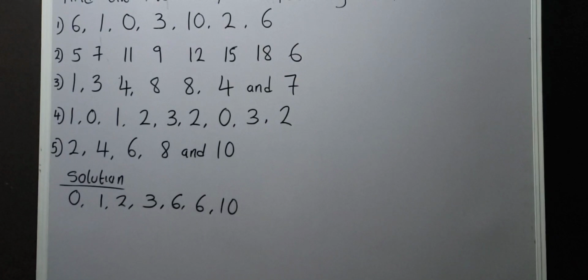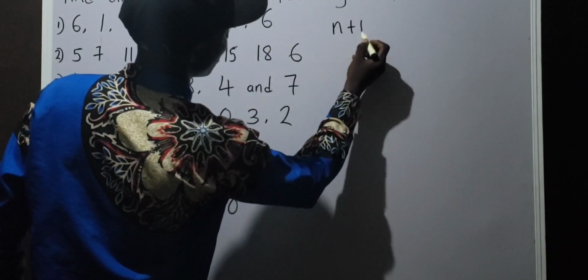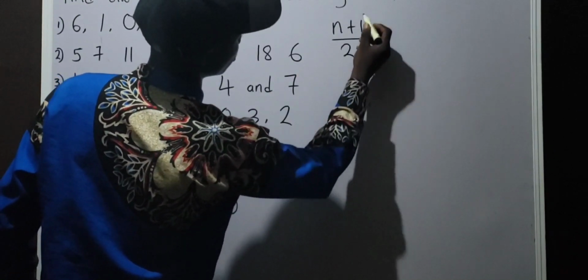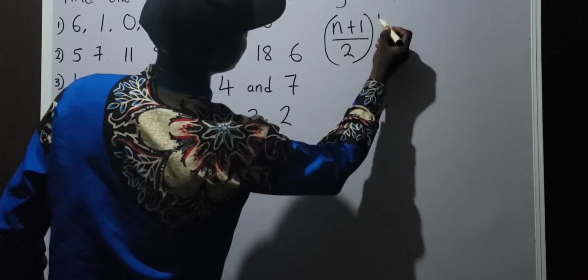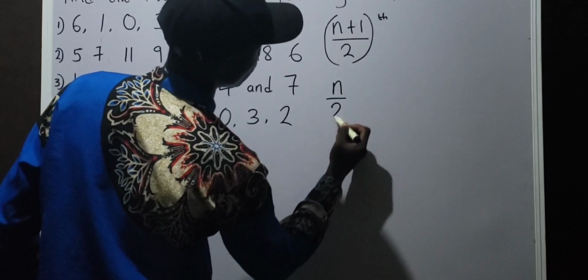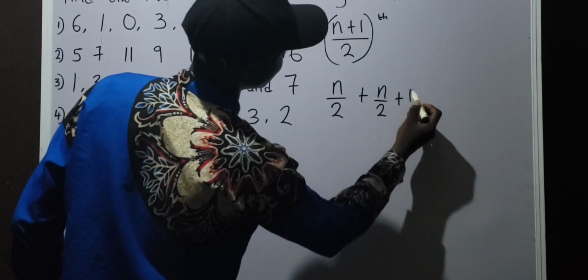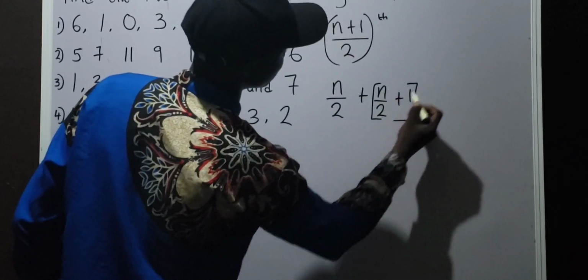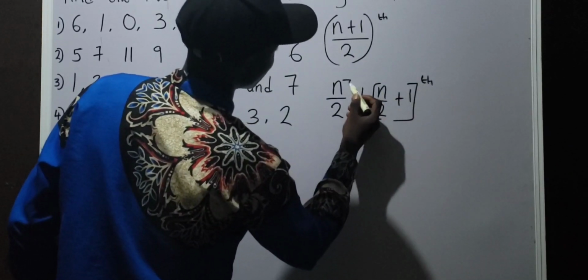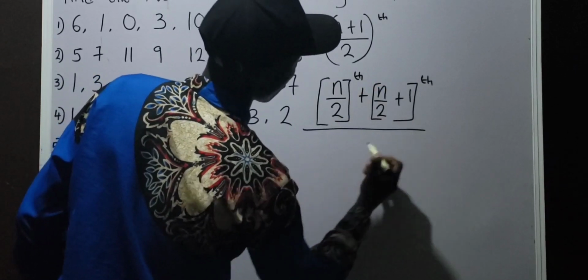Now, in order to determine the median term, we have two formulas. This is the first formula, n plus 1 all over 2. And this is the second formula, n over 2 plus n over 2 plus 1, let me put this in brackets, and also this in brackets, all over 2.